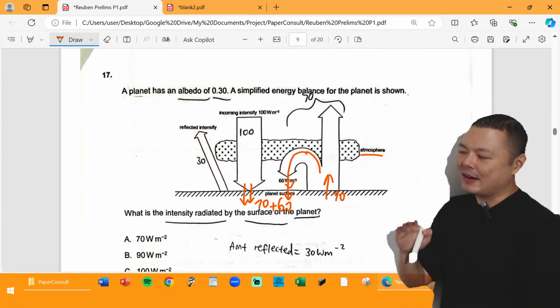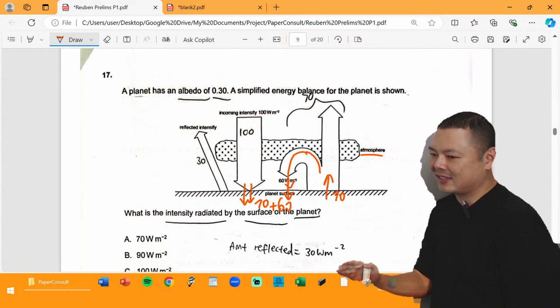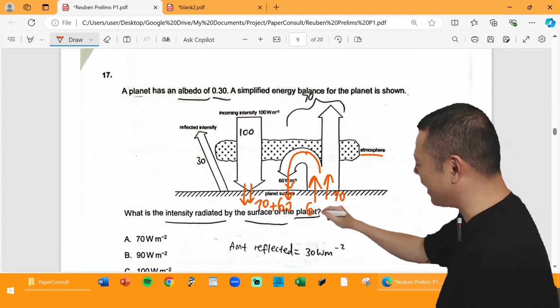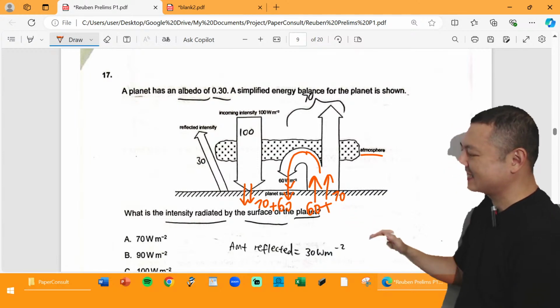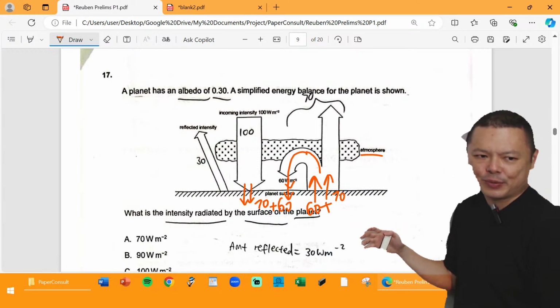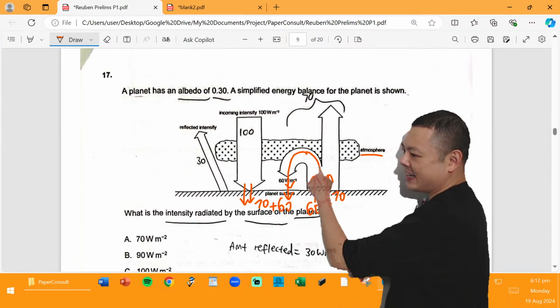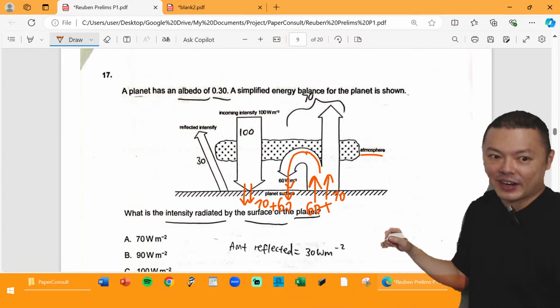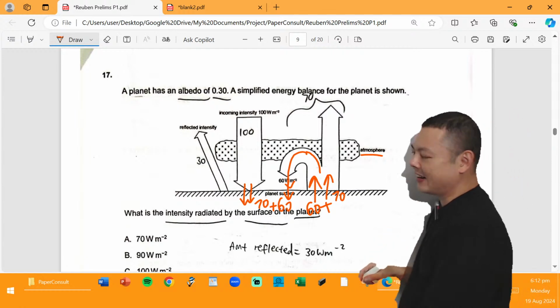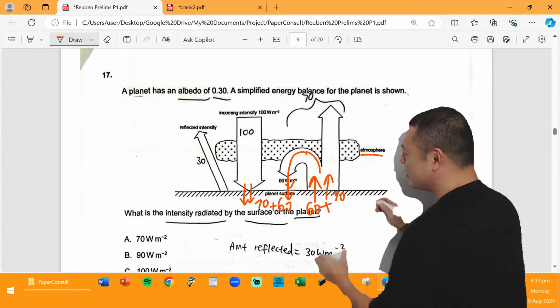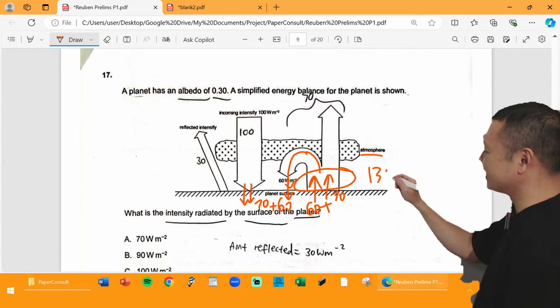So in fact, that means that the Earth must radiate both out, right? It looks like a cyclical thing, like I radiate back in, I radiate out. Yeah, but that's what it is. That's what greenhouse gas is doing, right? So in fact, the total here is 130.